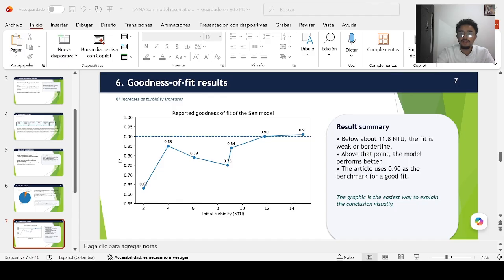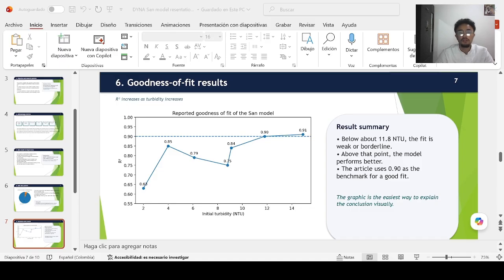The reported R square values are below 0.90 for the lowest turbidity layers, while the higher values approach or pass the accepted threshold. In other words, the SAM model becomes more reliable only when the water is slightly less clear.